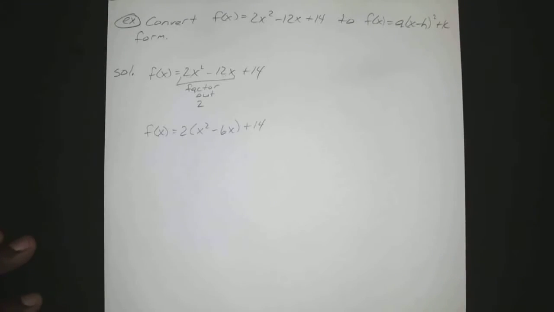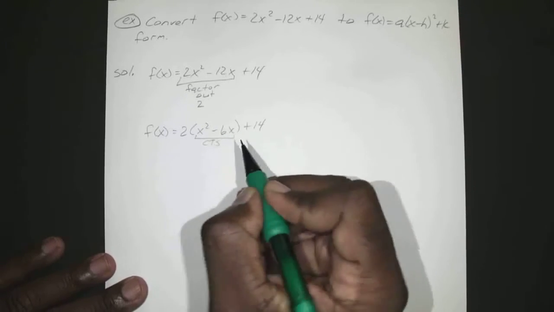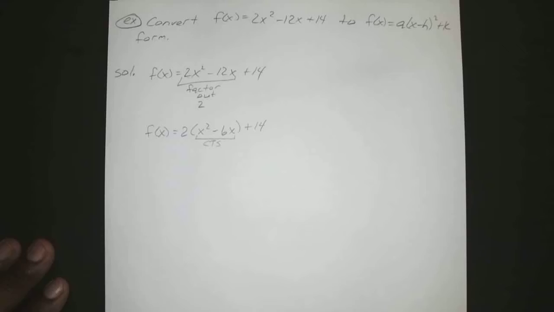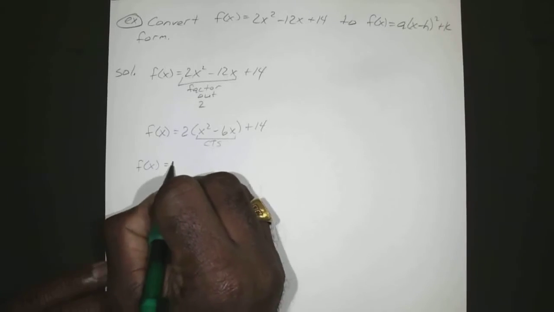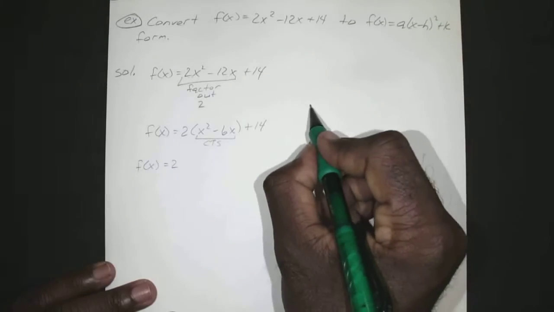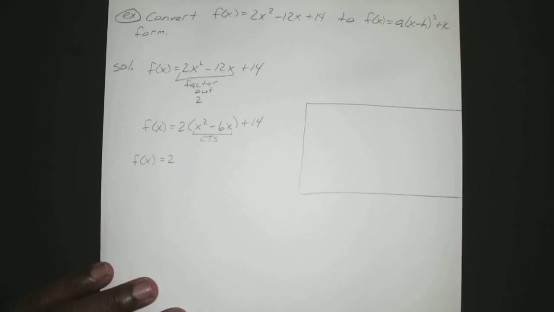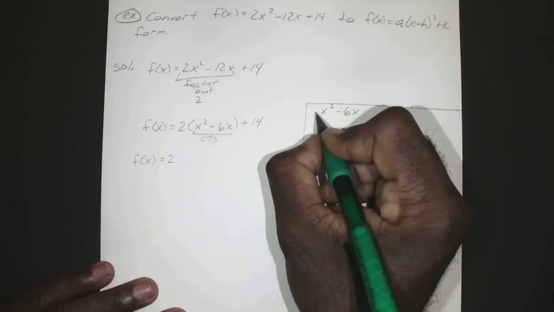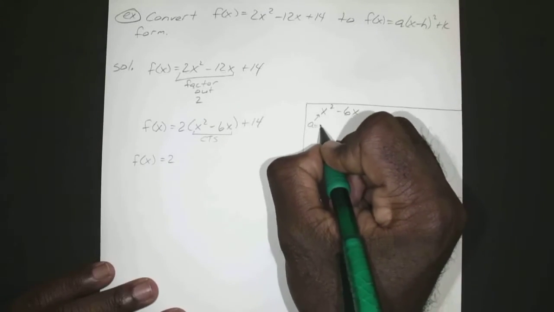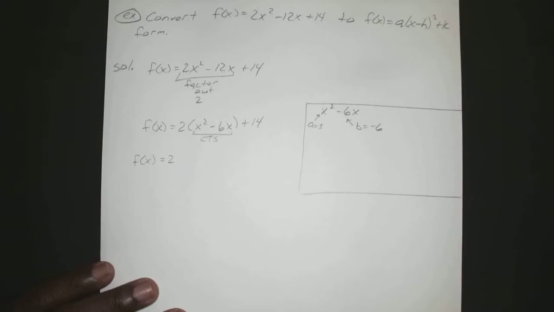Okay, so now we just have to do the completing the square inside of there. So for x squared minus 6x, a equals 1, b equals negative 6.